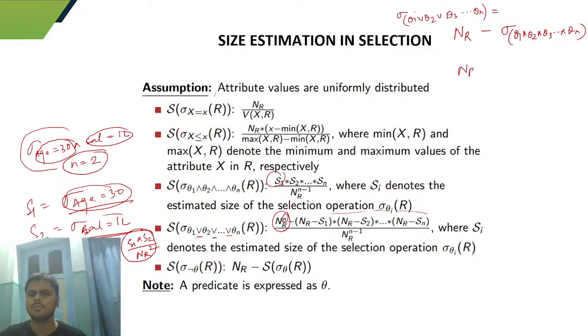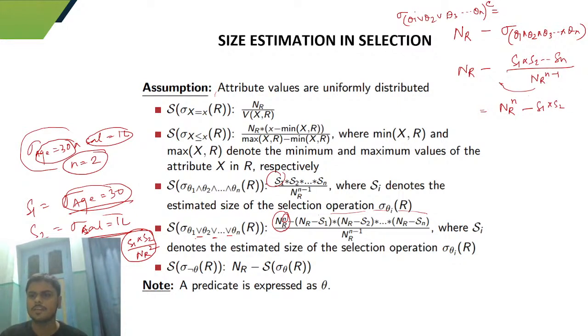Because if you do this manual calculation, it is S1 into S2 dot Sn divided by nr to the power n minus 1. If you do the cross multiplication here and take the LCM, you'll get nr to the power n minus S1 into S2. Okay, and this is actually the complement of this.